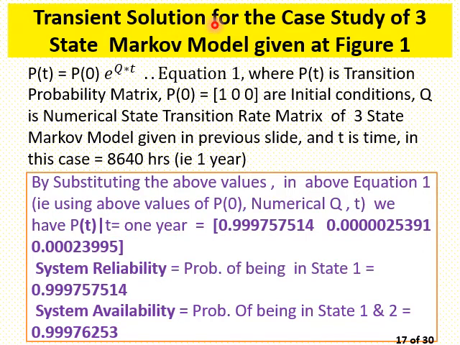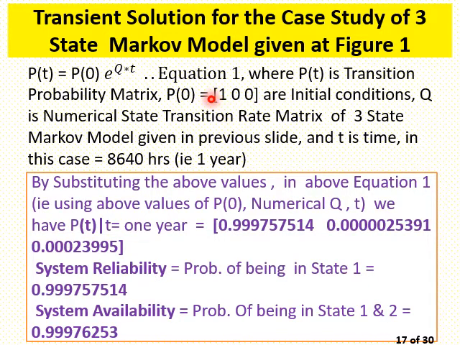Transient solution for the case study of the three-state Markov model given in figure 1. We know that the solution for the Markov model is P of t equal to P of 0 multiplied by e to the power of Qt, equation 1, where P of t is the state transition probability matrix, and the initial conditions are 1 0 0.